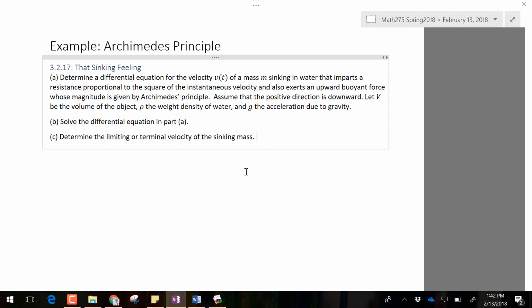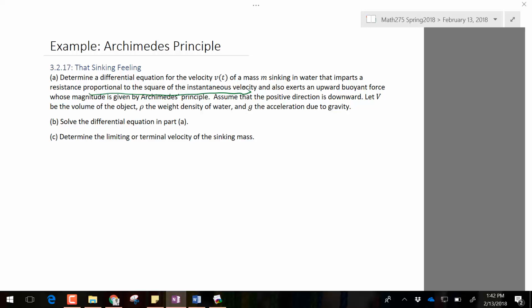All right, let's read it out loud. Determine the differential equation for the velocity v of t for the mass m sinking in the water that imparts a resistance proportional to the square of the instantaneous velocity, and also exerts an upward buoyant force whose magnitude is given by Archimedes' principle.